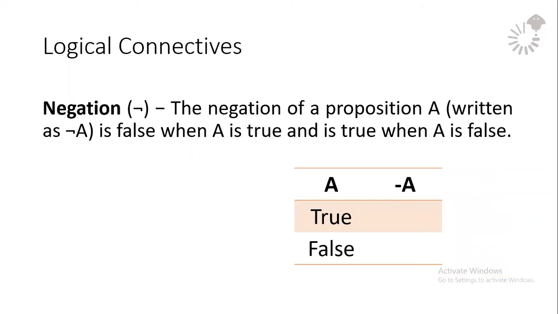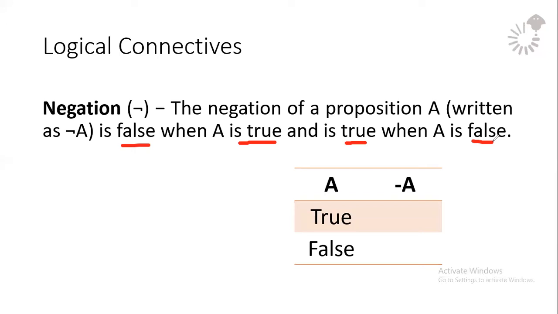Negation is the operator NOT. So if the value is false, the output is true. If the value is true, the output is false.